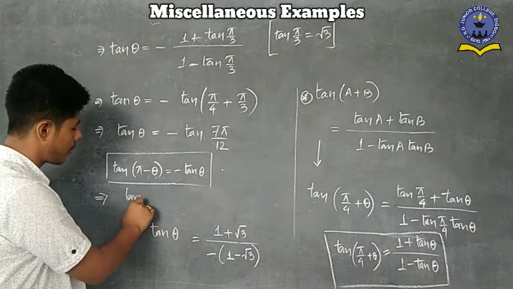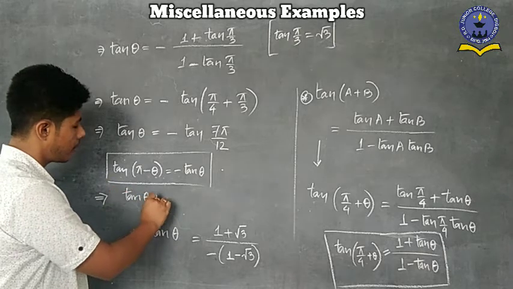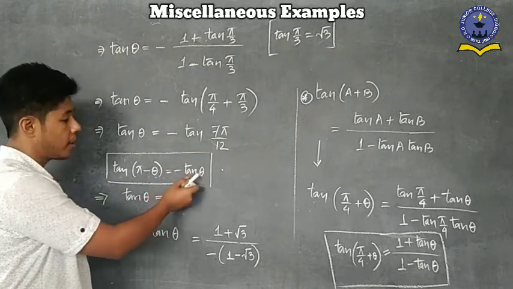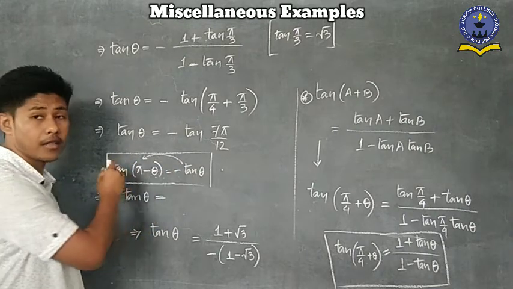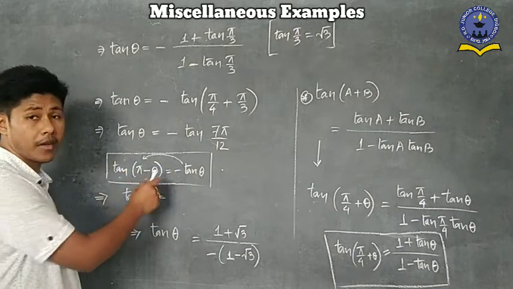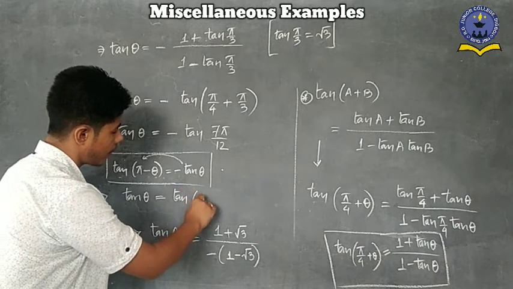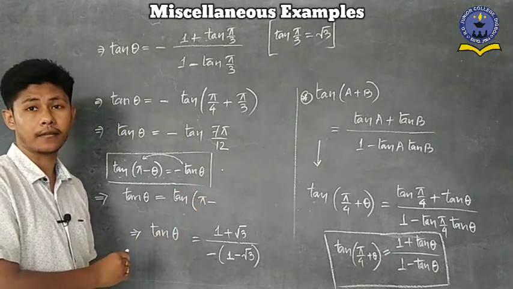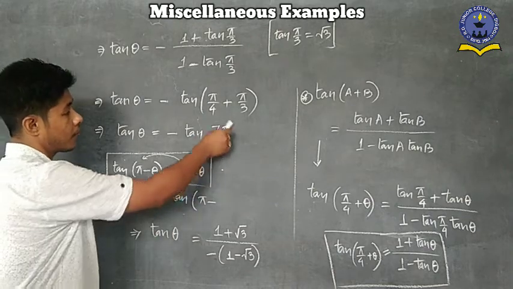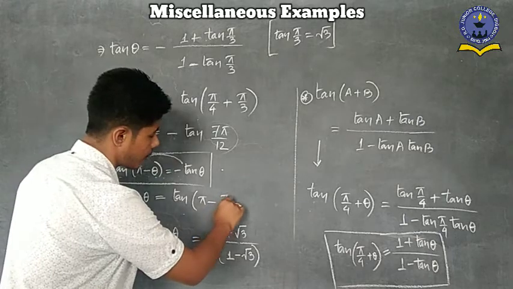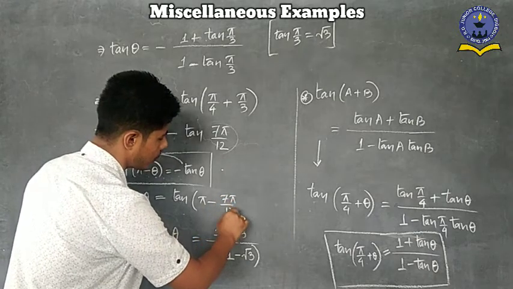If it is of the form minus tan theta, then in place of this, we write this result, and this result is tan of pi minus theta. So we have to write tan of pi minus theta. Theta means what here? This whole part, 7 pi by 12.